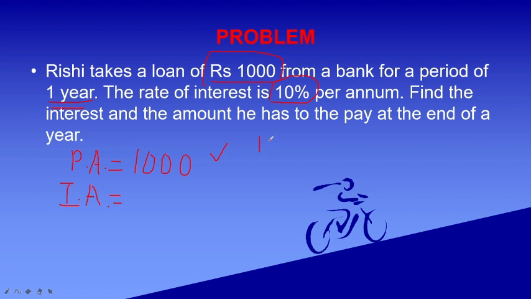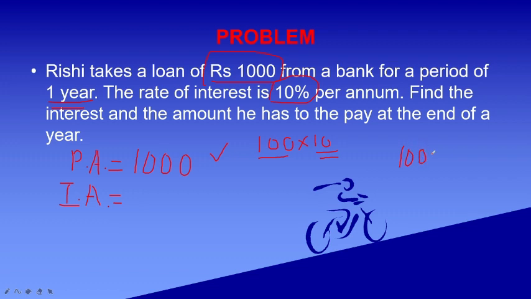In the 1000, 100 times of, suppose 10 times of 100. 100 plus 100 plus 100, 10 times 100 is for 1000.